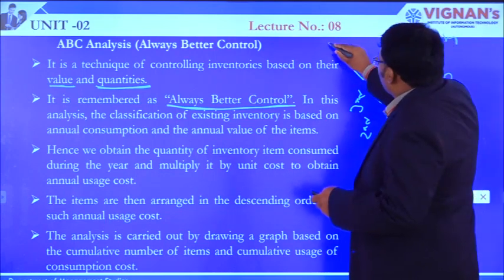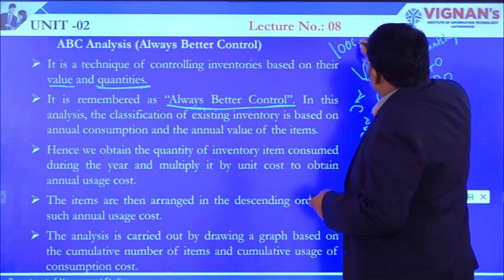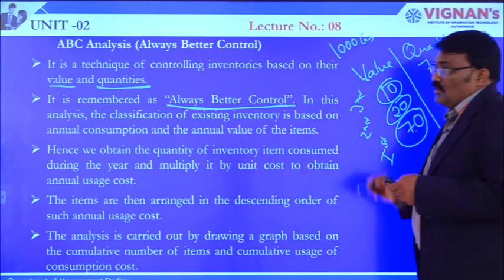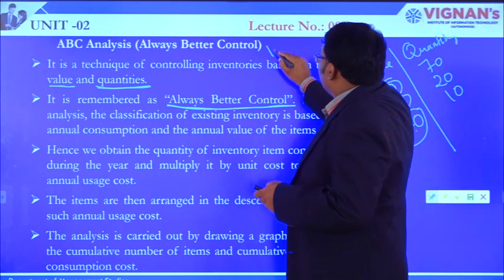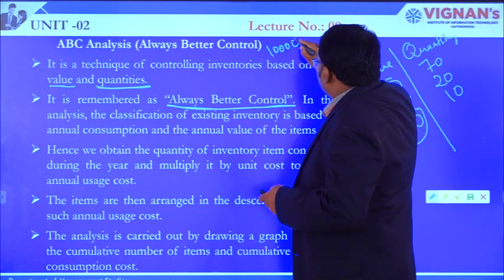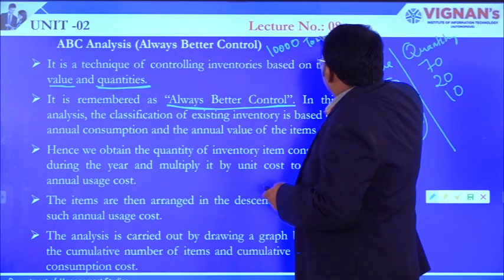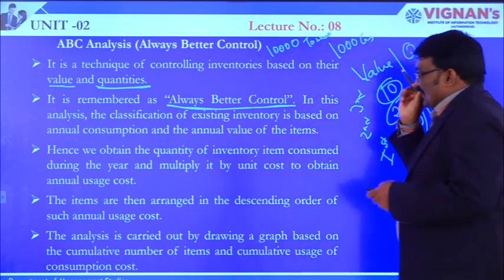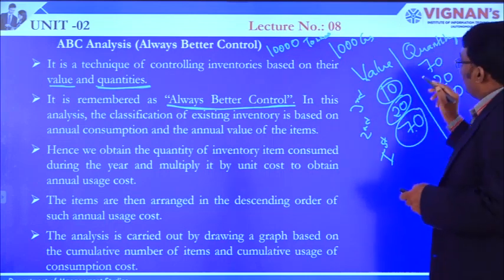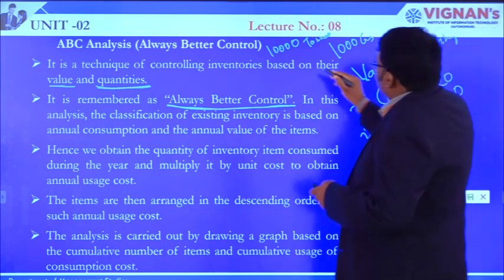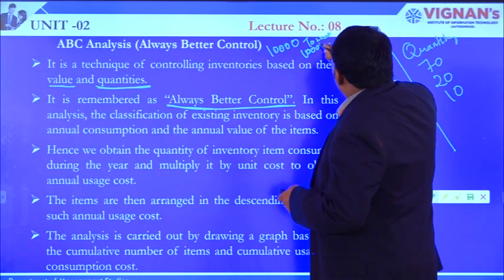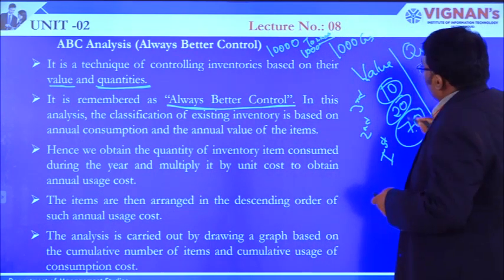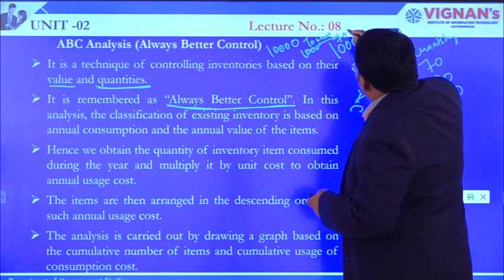Suppose a steel plant has a stock worth 100 crores of rupees, and let us assume it is 10,000 tons. Under that 10,000 tons, 10%, that is 1,000 tons alone, will cost 70%, that means 700 crores.